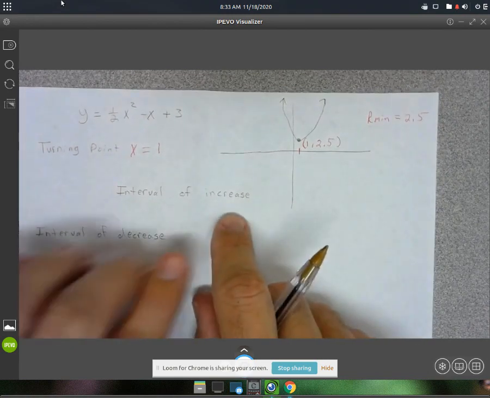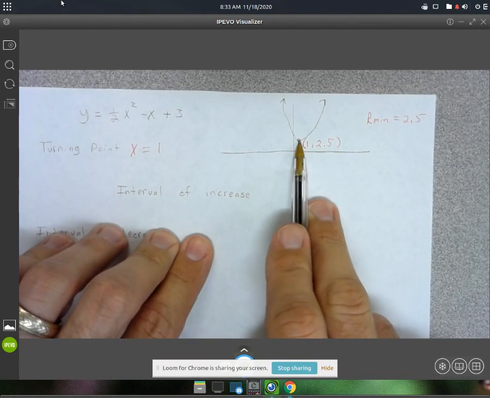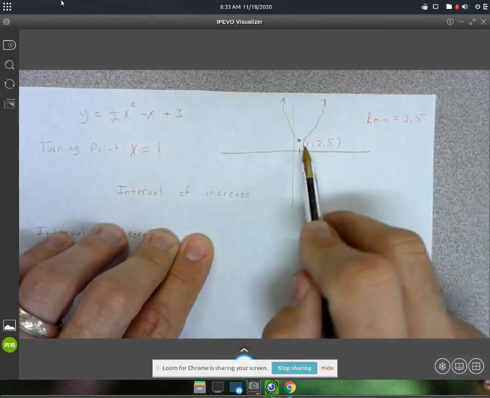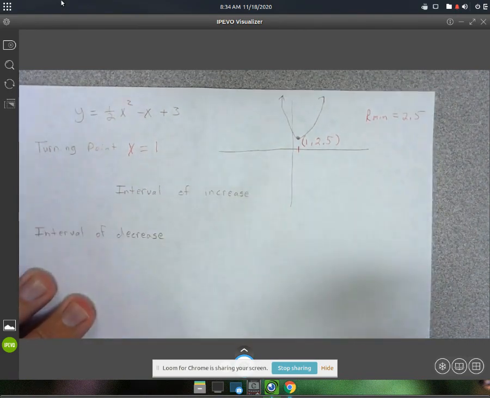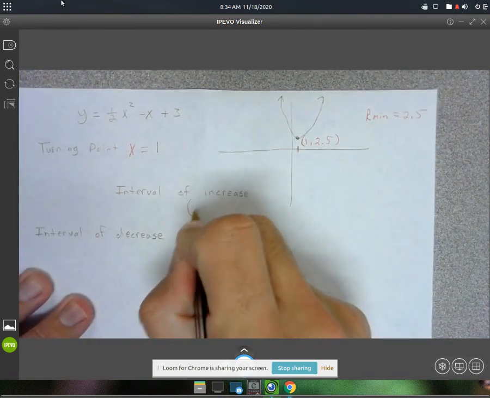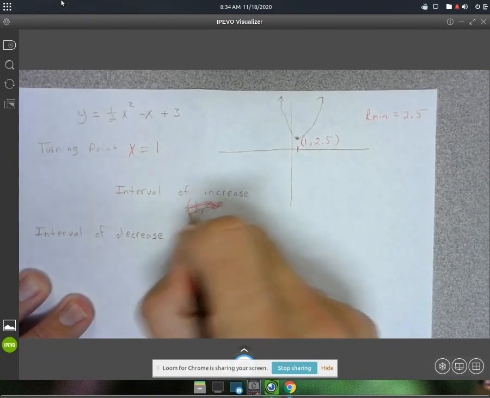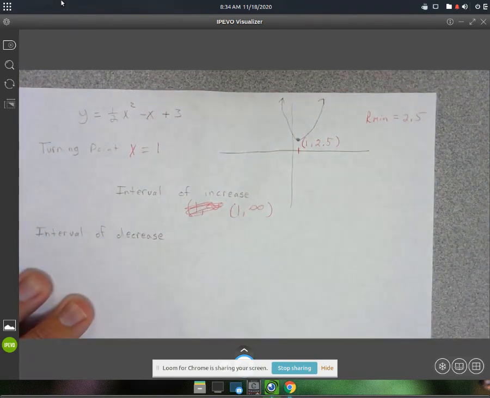Then we're going to use our turning point to create our interval of increase and decrease. So increasing, the y values are getting bigger as it goes to the right, and this thing's going uphill. We're going to look at the x values. So it is increasing from 1 to infinity.